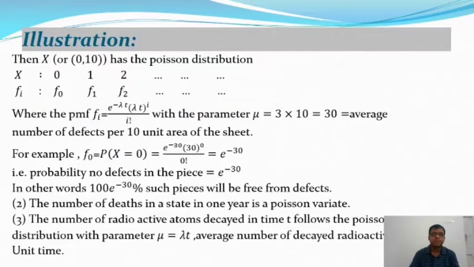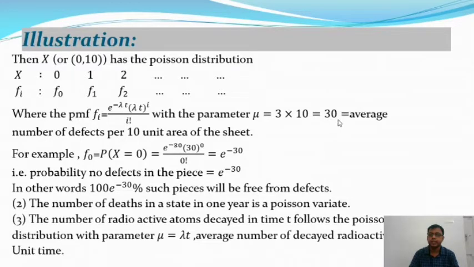After that, the Poisson distribution can be written as x such that 0, 1, 2 and up to infinity, and corresponding f_i, that is f0, f1, f2, corresponding to 0, 1, 2 and up to infinity, where the probability mass function f_i is equal to e to the power minus lambda t into (lambda t) to the power i by factorial i, with the parameter mu equal to lambda into t, where lambda is equal to 3 and t is equal to 10.